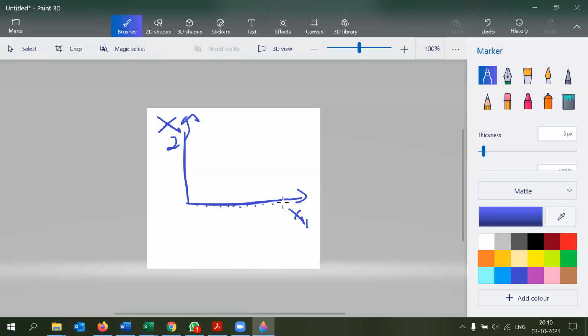Take 25, 50, 75, 100, 125, 150. The last number on the pointer is 15.